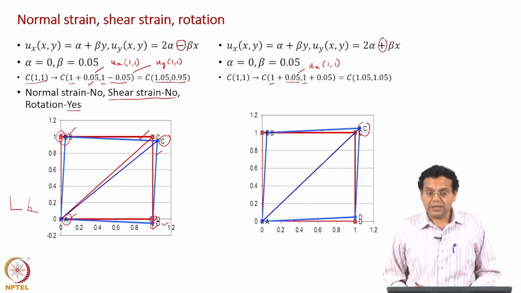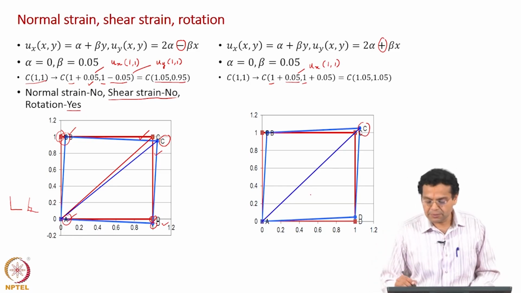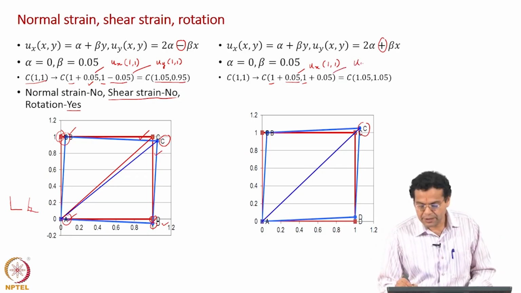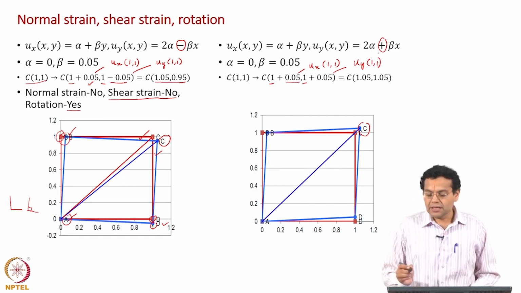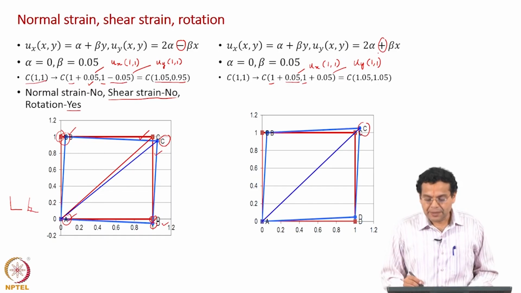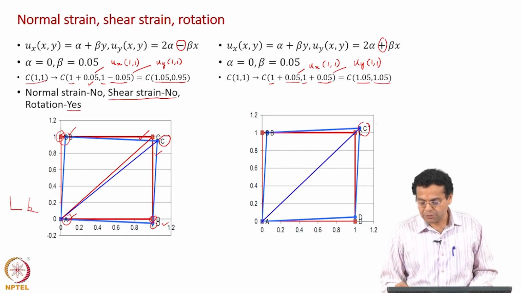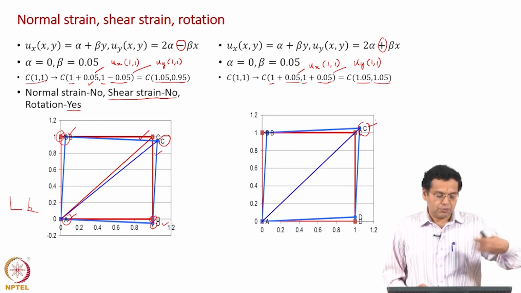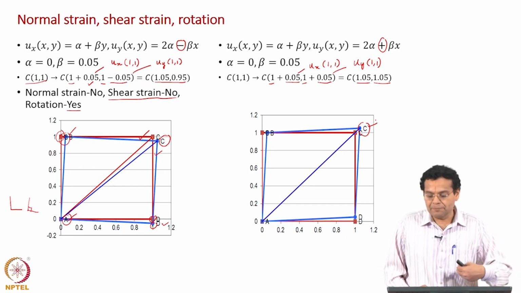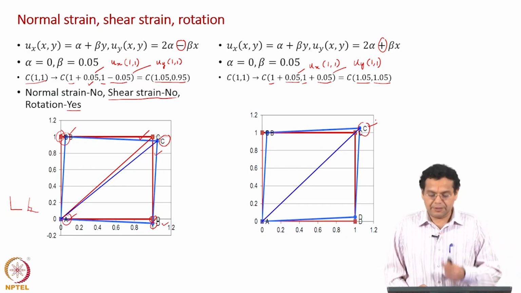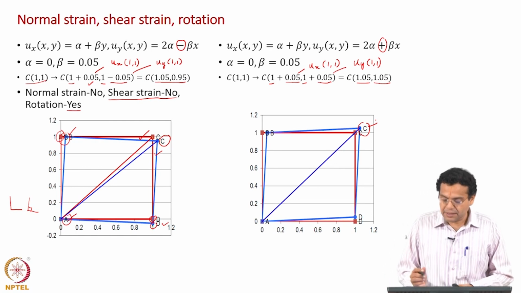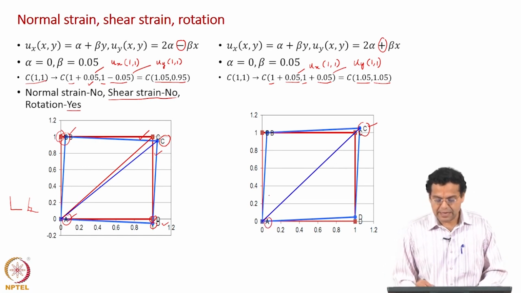Now, what is the y displacement? This is uy evaluated at 1 comma 1, alpha 0, which is now beta plus beta, and that is why you have plus 0.05. So, now the coordinates are 1.05 and 1.05, that is what you see here. In the earlier case 1.05 and 0.95, but now 1.05 and 1.05. Similarly you can calculate for A, B and then D.